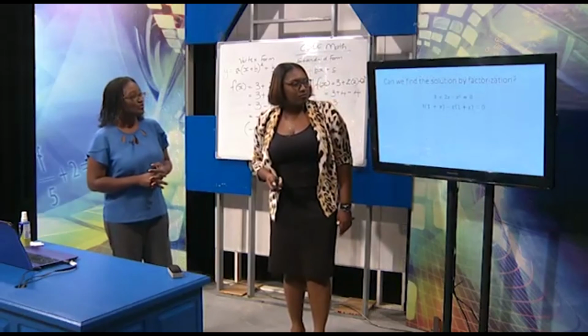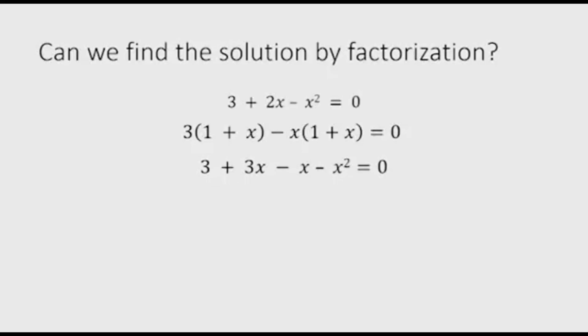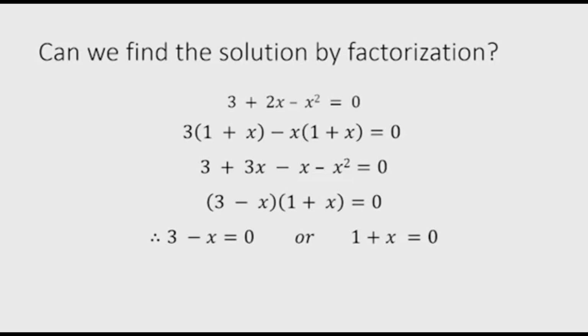I'm sure that our students would have been exposed to factorization. So on screen now, we're showing them how through factorization we would have been able to get those very same roots that we got from the previous graphs, those solutions of x being equal to 3 or x being equal to -1.